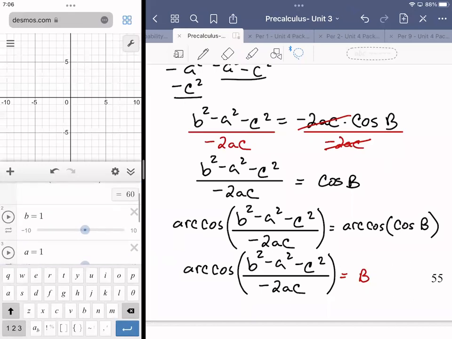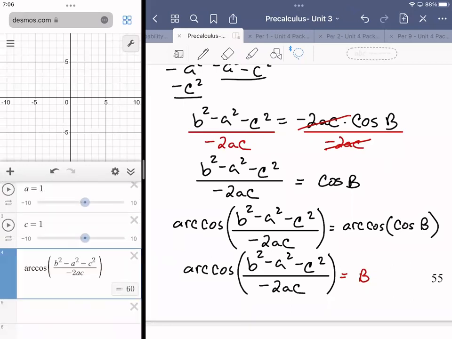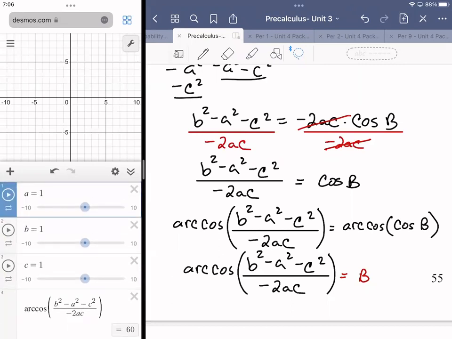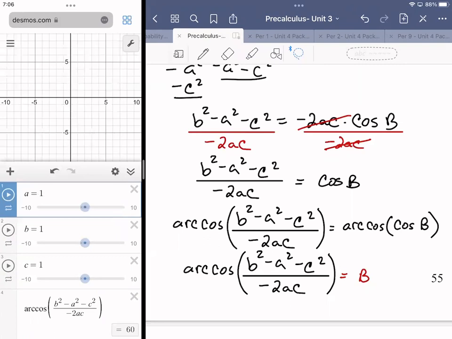But give me all my necessary sliders. I still want to make sure that I'm in the appropriate mode, right? I should be in degree mode. I could call that equal to capital B if I want, but that's not really necessary.